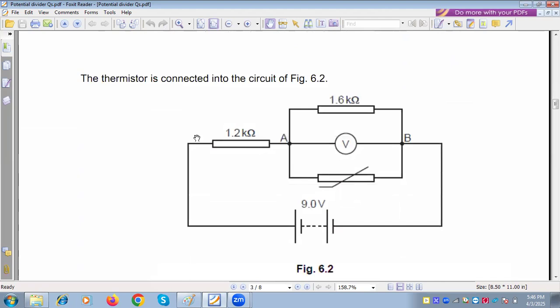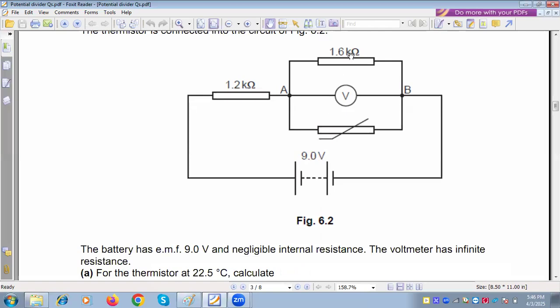There is a circuit which is given here, and the resistance of the thermistor and the temperature is plotted in the previous figure. The thermistor is connected into the circuit of figure 6.2 and it is in parallel to a 1.6 kilo ohm resistor. And this combination is in series with a 1.2 kilo ohm resistor. So this is a parallel combination between A and B, and a voltmeter is also connected.